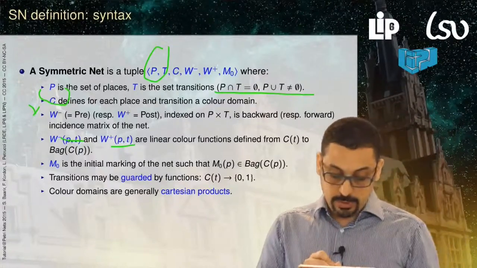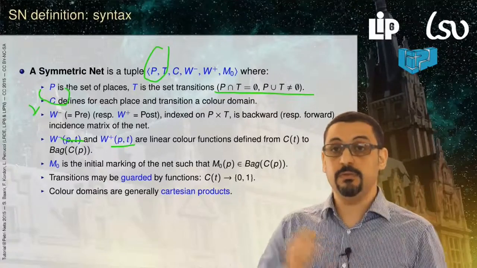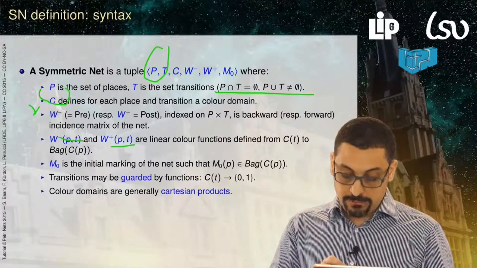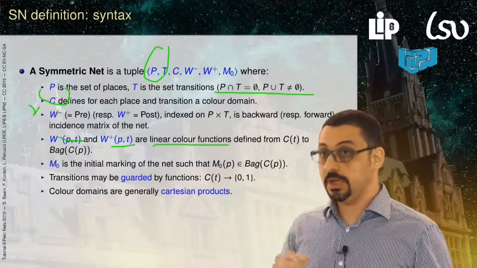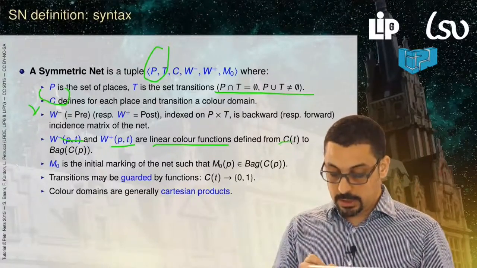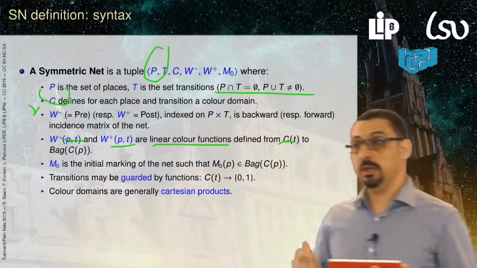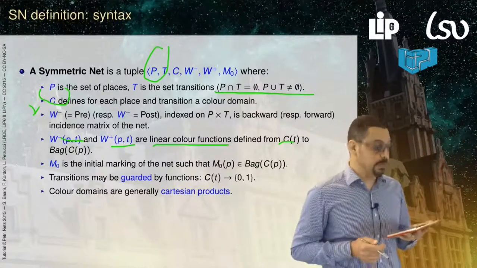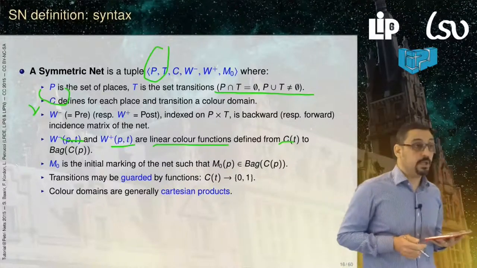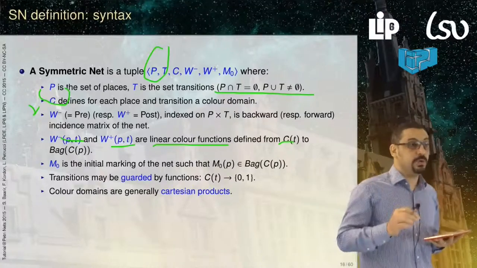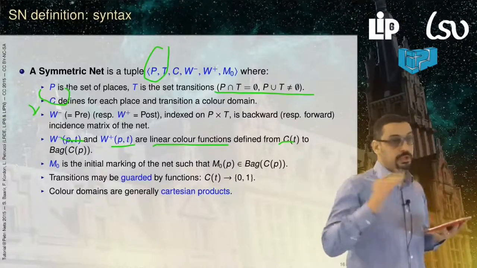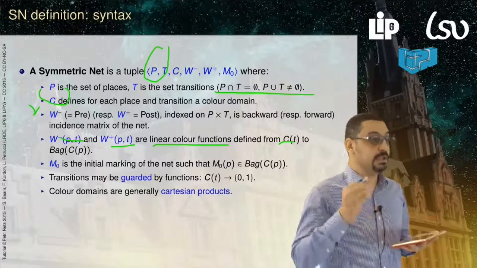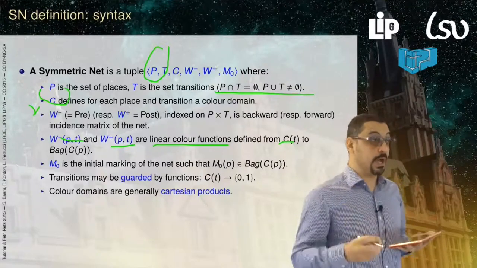For example, for the entry (p,t), we define a color function which is a linear function with domain C(t) and codomain Bag(C(p)). I have to stress this point because the whole thing is based on the fact that the functions we manipulate here are linear functions.